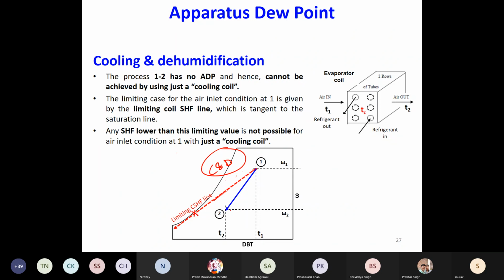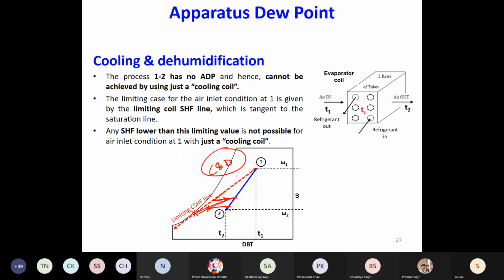So you will probably get up to here, then you sensibly heat the air by passing it through a heating coil. That heating coil is called the reheater coil. After the cooling coil, you reheat, and then again you pass it through this coil. So this would be the next process line. Maybe you attain up to here and then reheat.